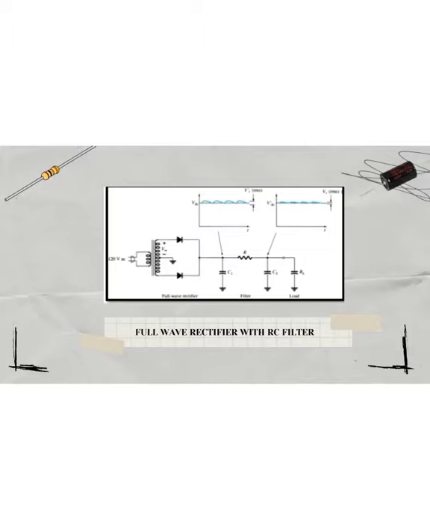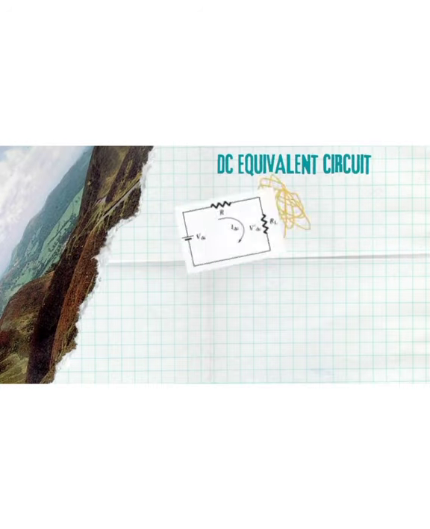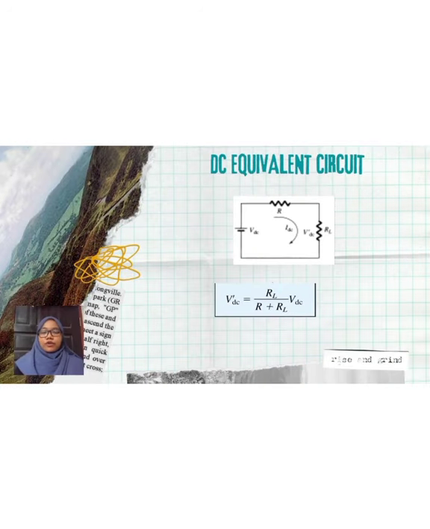These two components can be analyzed by using superposition. For the DC circuit, the DC voltage level will be developed across the capacitor C1. Since both of the capacitors are open circuit, the resulting output DC voltage will be equal to RL over R plus RL times VDC.